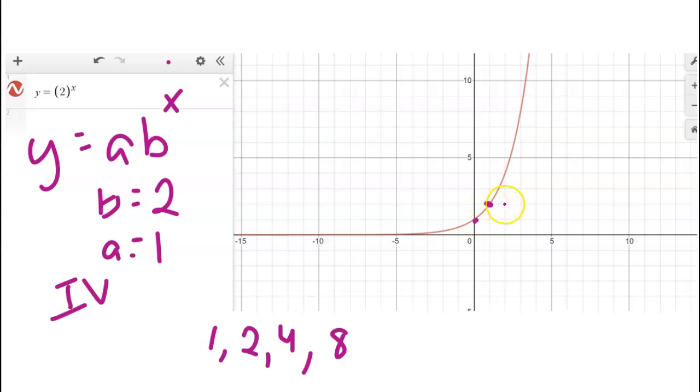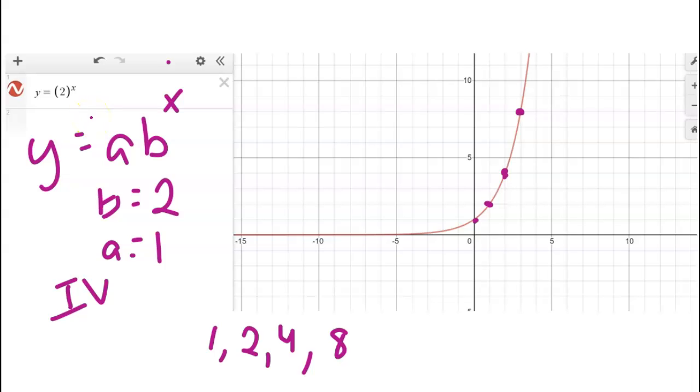Then I move over again. I see that I go up to 4. When I go over again, I should multiply by 2 and I get 8. And that's what we're looking for. So I can see that this graph does follow that pattern.